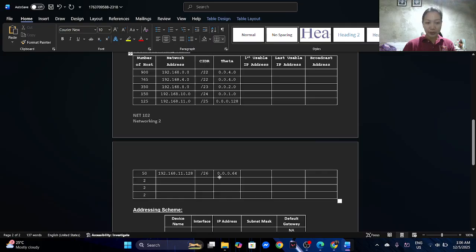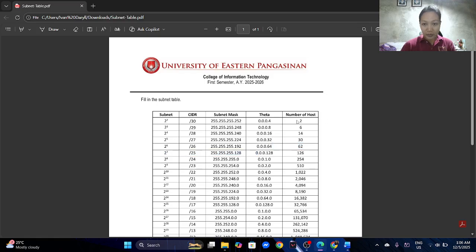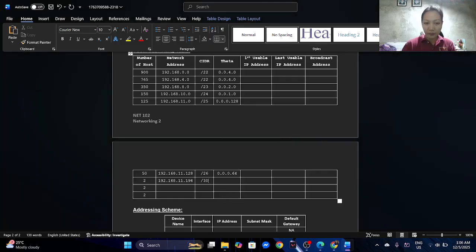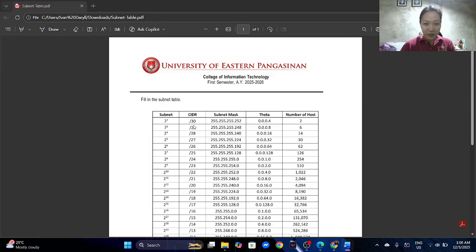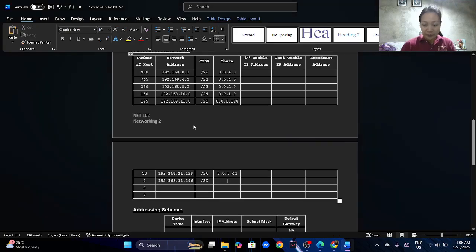And for router 1, 192.168.11.128 plus 64 is 192. Ang theta niya is, for the number of hosts, which is 2, so /30. Theta is 0.0.0.4.